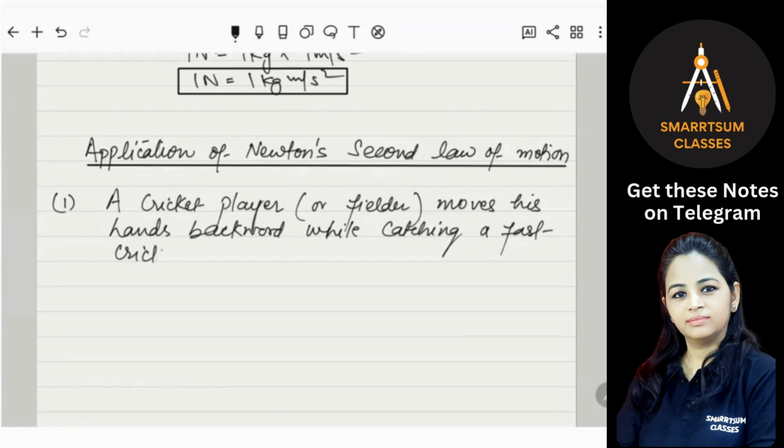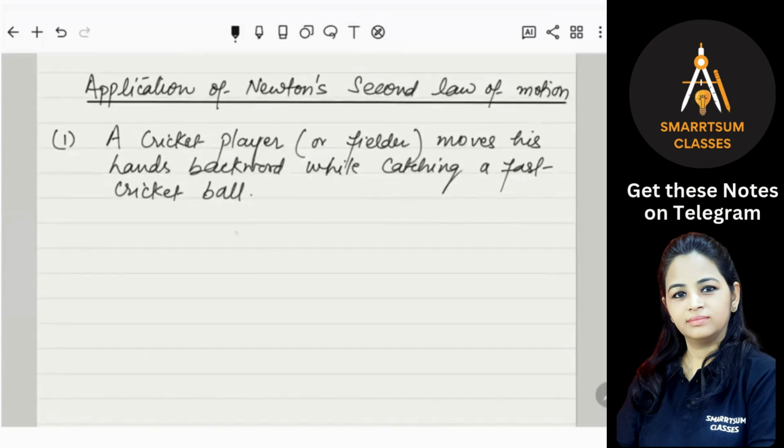Okay, so this is why, because it is actually increasing the time, right? Okay, so this is the application of second law of motion.